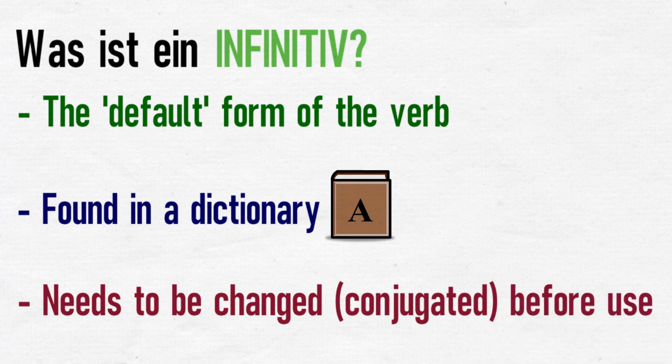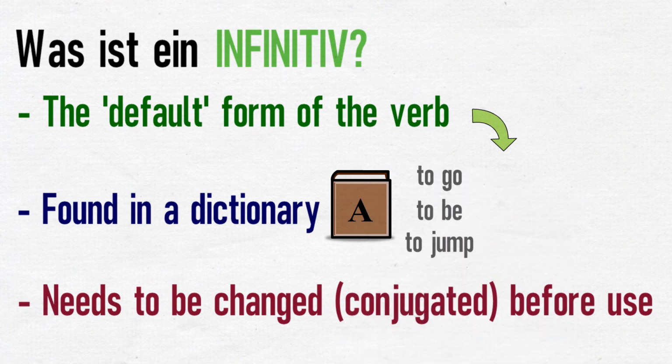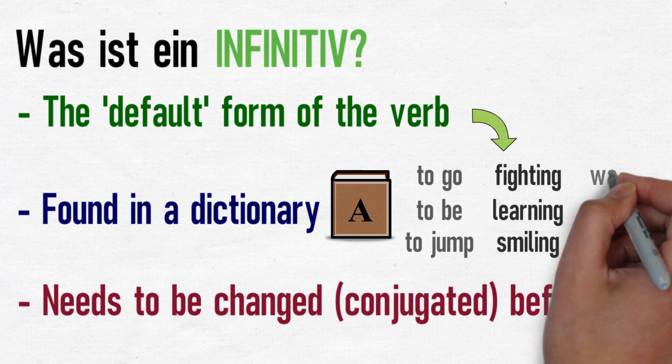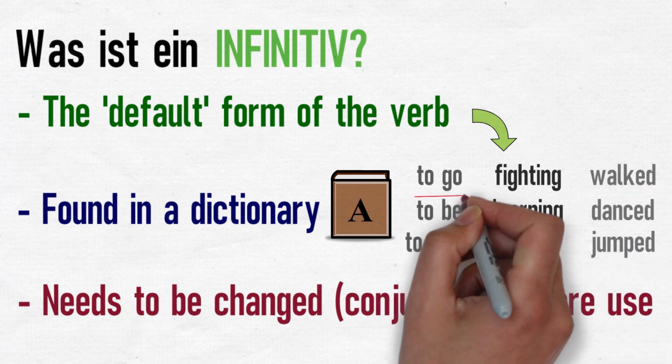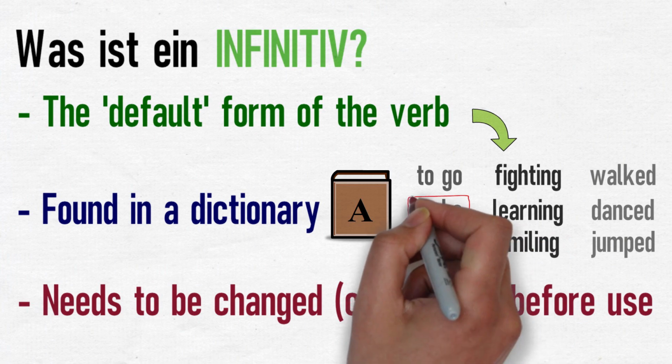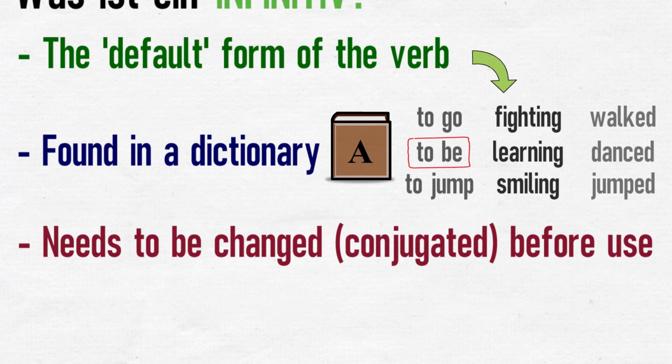To make sure we're clear, a verb is a doing word, such as to go, or to be, or to jump, as well as forms such as fighting, learning, and smiling, as well as past tense forms like walked, danced, and jumped. The most commonly overlooked verb is to be, as it requires no effort for us to exist, and so we don't think of it as a doing word.